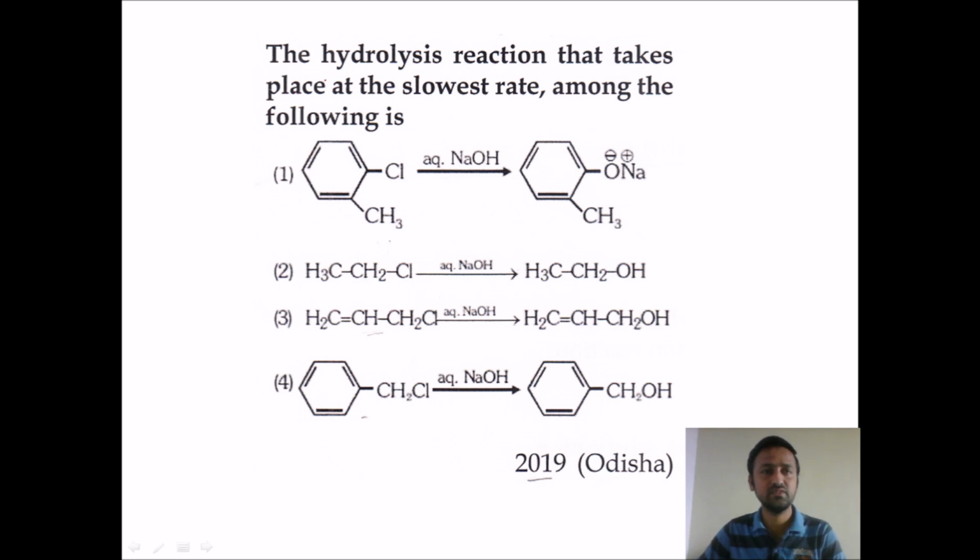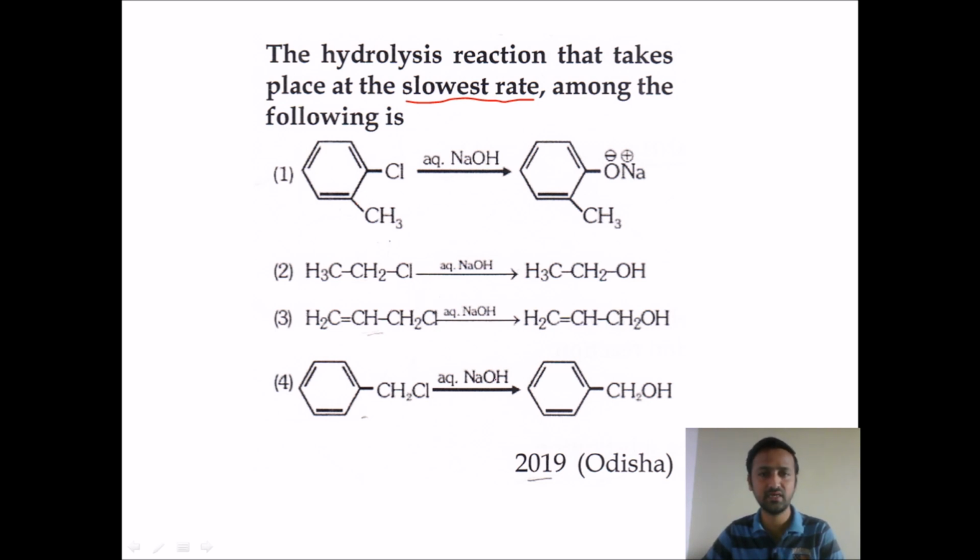Okay, the first question is: the hydrolysis reaction that takes place at the slowest rate among the following. This question is based on hydrolysis reaction, and you can see the options given here. The first option, we got substituted haloarene reacting with aqueous sodium hydroxide.